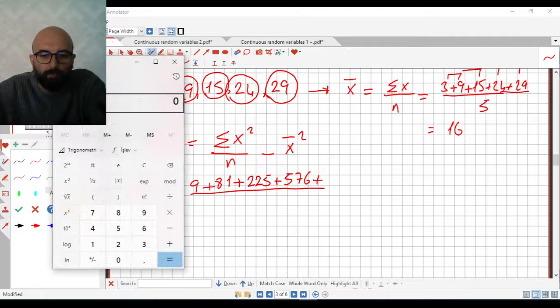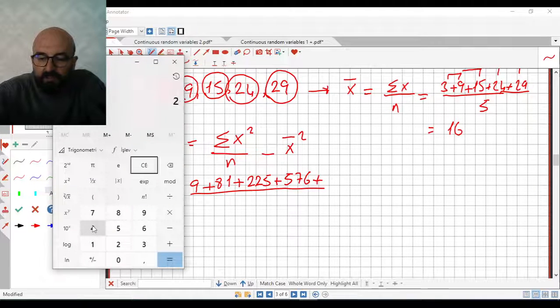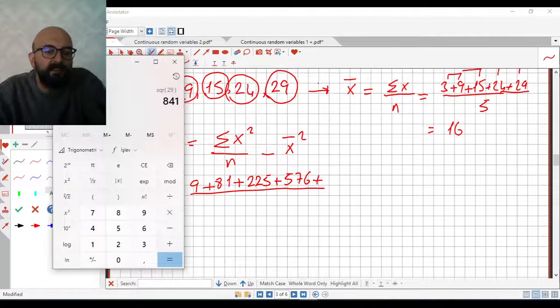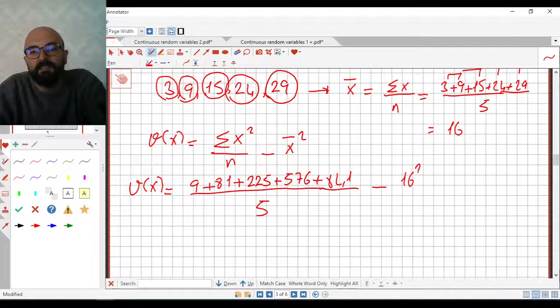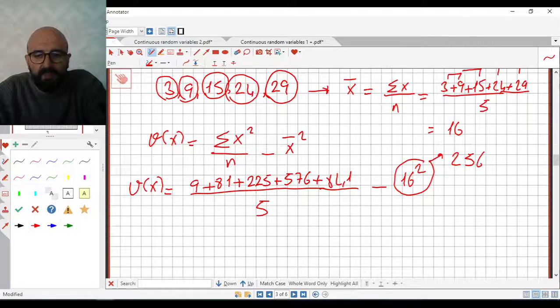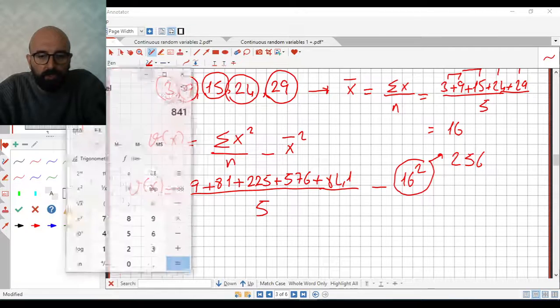I want to compute 29 squared, excuse me. 29 squared is 841, and the total is 141 over the number of data, 5, minus mean squared, 16 squared, and 16 squared means 256.